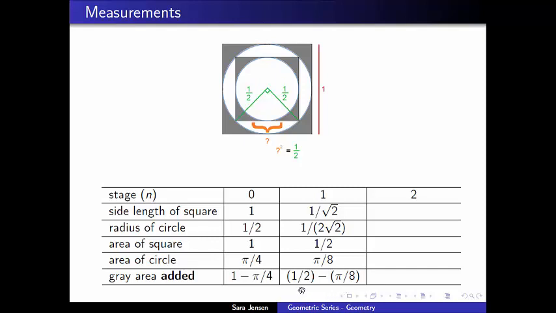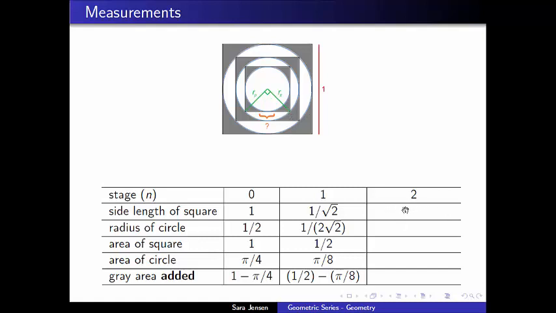Now, moving from stage 1 to stage 2 is going to work just the same as moving from stage 0 to stage 1. And in general, if we're at any given stage, the way that we're going to move over to the next column of values is going to be precisely the same, by adding in this triangle.